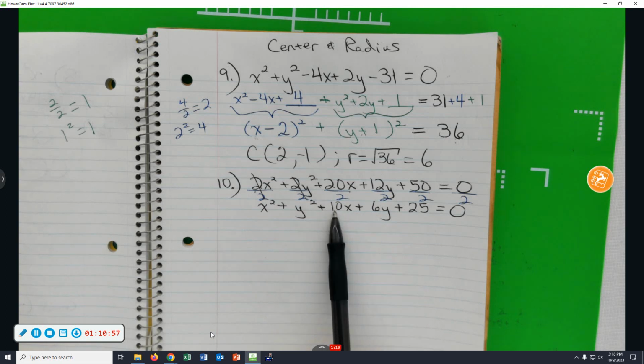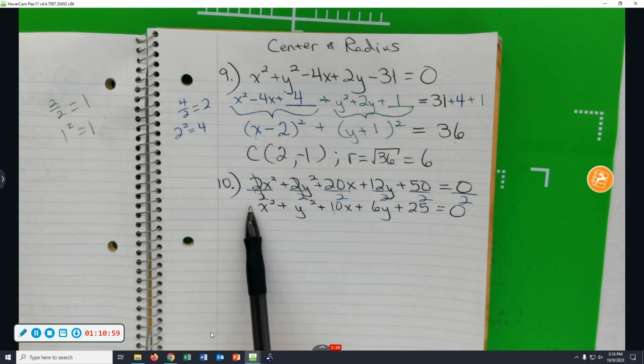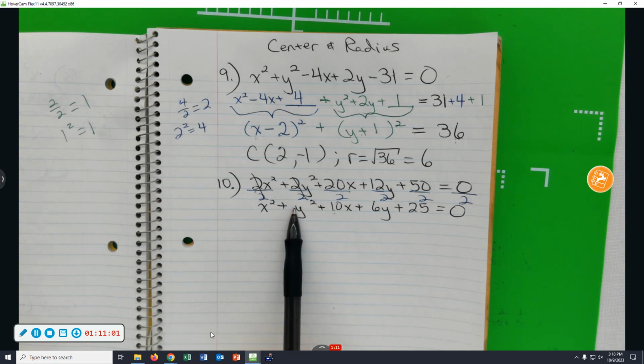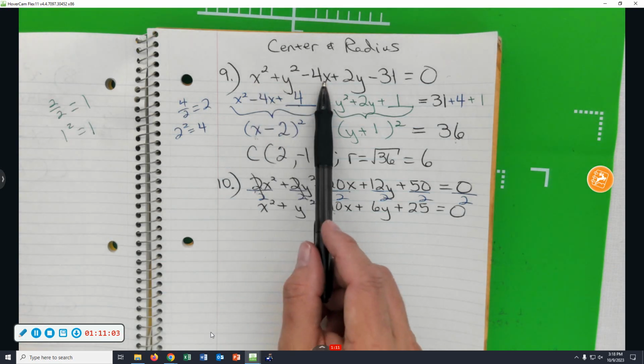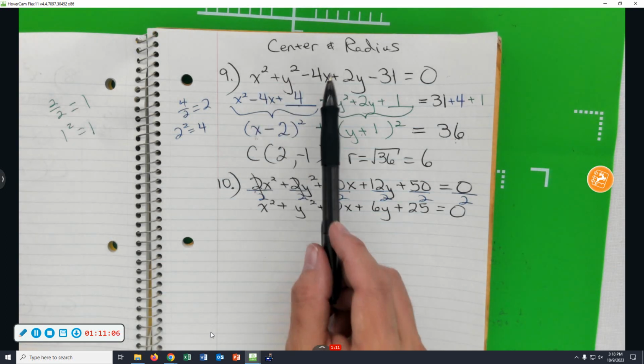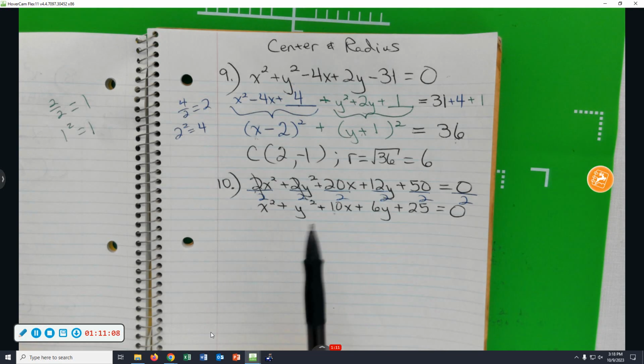And now this problem, the way we got rid of those leading coefficients, it looks like number 9, doesn't it? You have x squared, y squared, xy number. X squared, y squared, xy number.